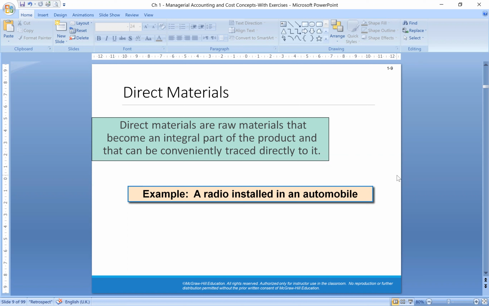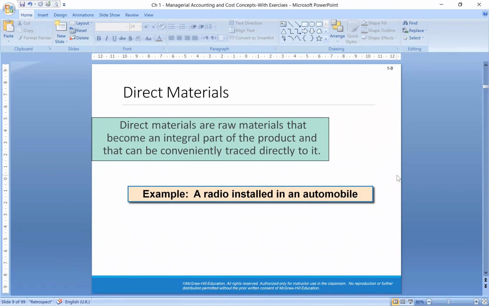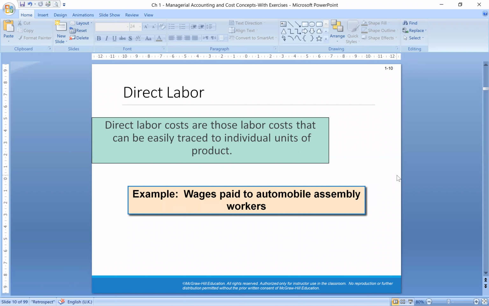Another example: the radio installed in your car is a direct material for that car, and it will also be an integral part of that car. Direct labor costs are those labor costs that can be easily traced to an individual unit of product.